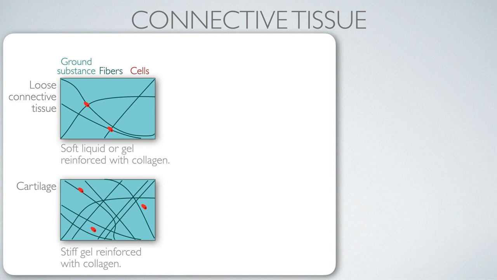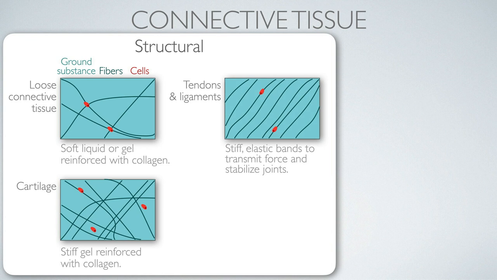The gel is stiff in the case of cartilage. Whereas in the case of tendons and ligaments, what we find is the fibers tend to be oriented in the direction of tension. That is, they're aligned with the muscle fibers so that as the fibers shorten, they pull on these springs of collagen.